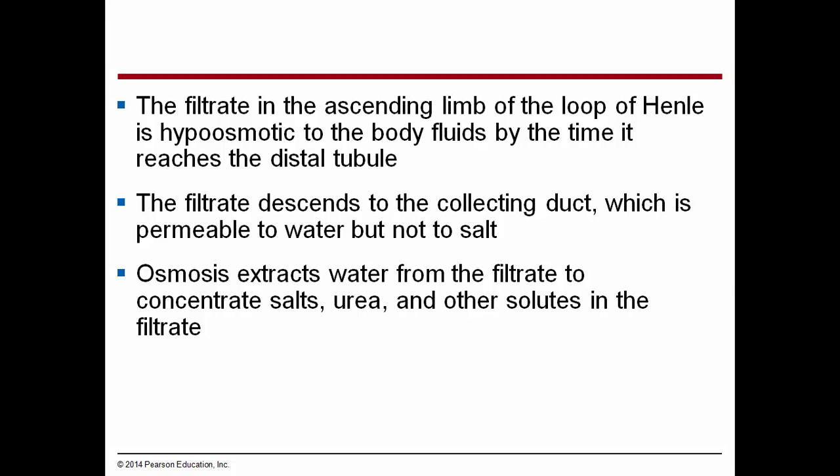The filtrate in the ascending limb of the loop of Henle is hypoosmotic to the body fluids by the time it reaches the distal tubule. The filtrate descends the collecting duct, which is permeable to water but not salt. Osmosis extracts water from the filtrate and concentrates salts, urea, and other solutes in the filtrate.